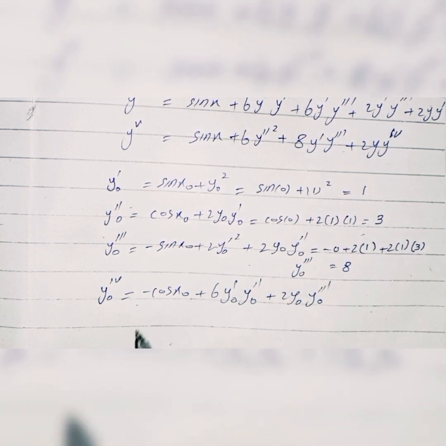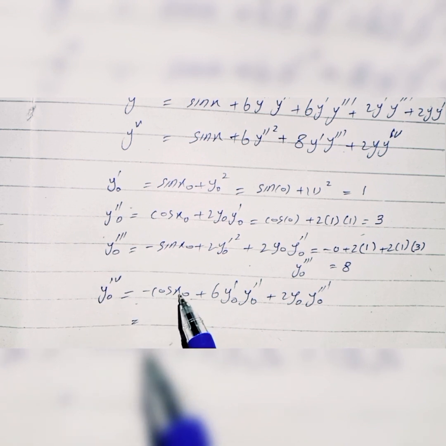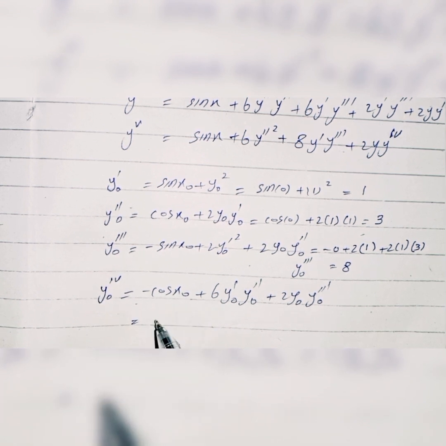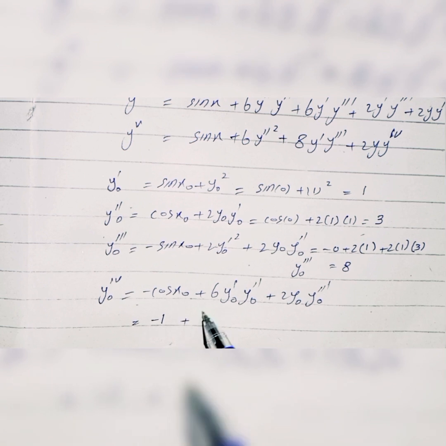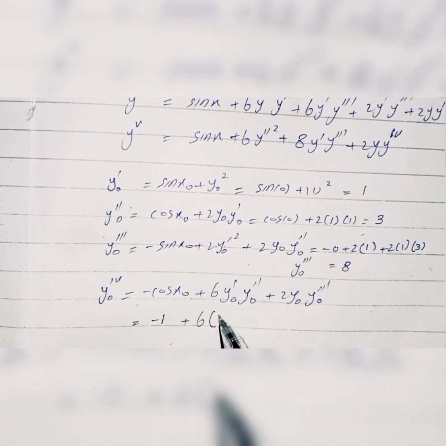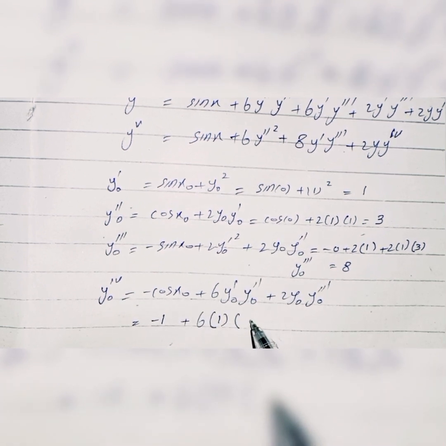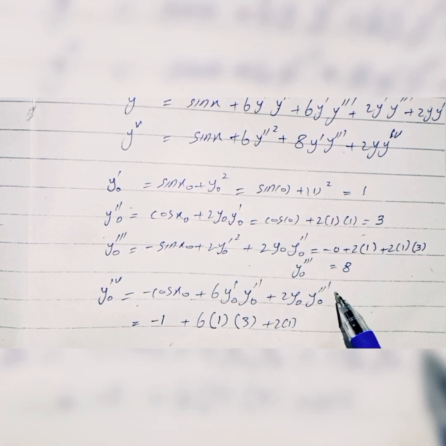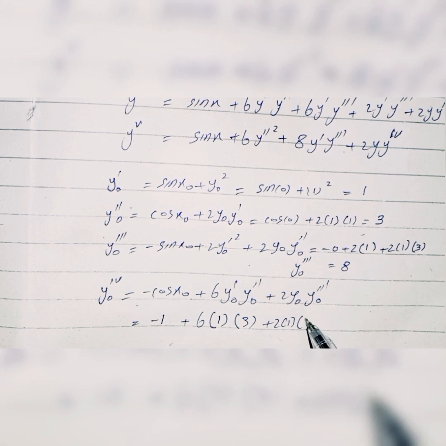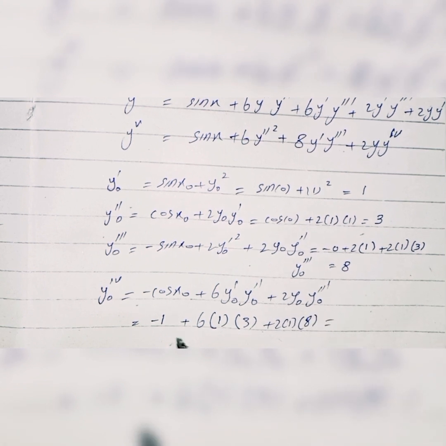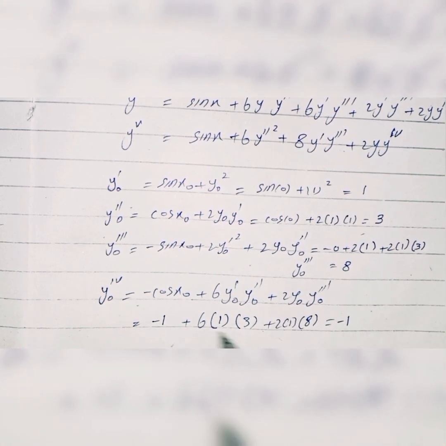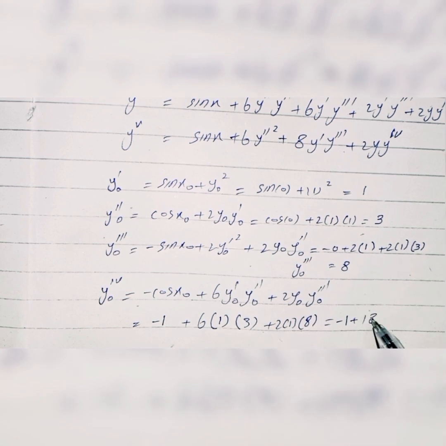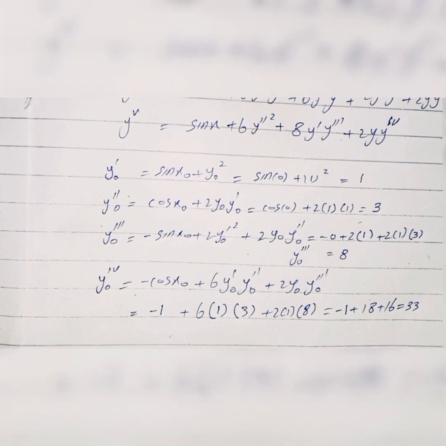Putting all these values, we know that cos 0 is equal to 1, plus 6 where y prime naught is equal to 1 and y double prime naught is equal to 3, plus 2 where y naught is equal to 1 and y triple prime naught is equal to 8. So we have minus 1 plus 18 plus 16, which is equal to 33.